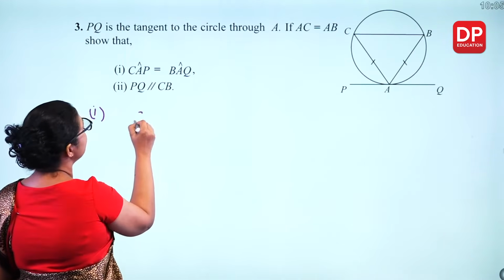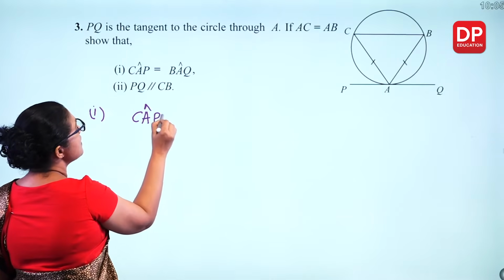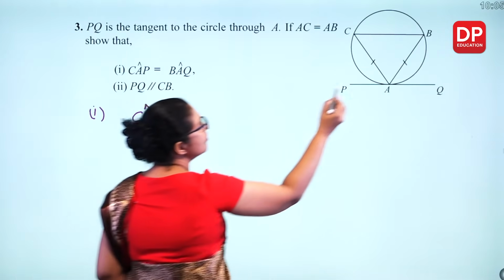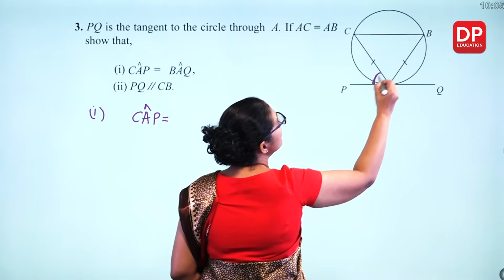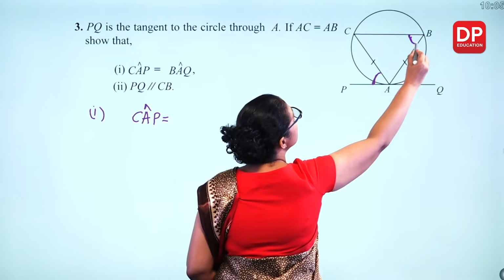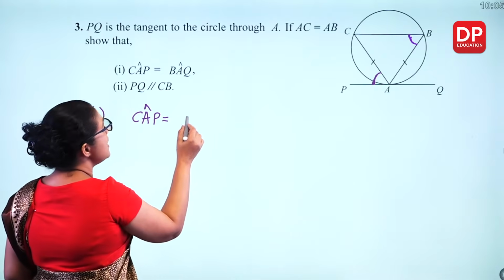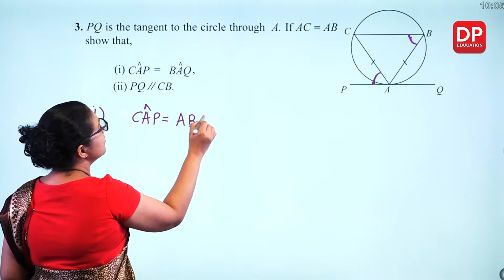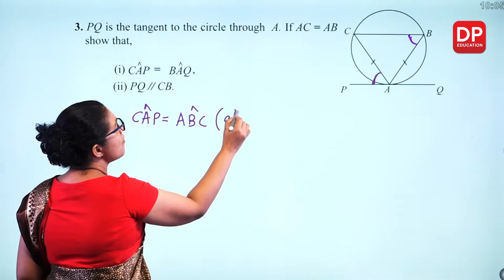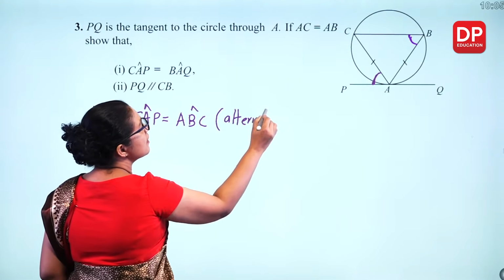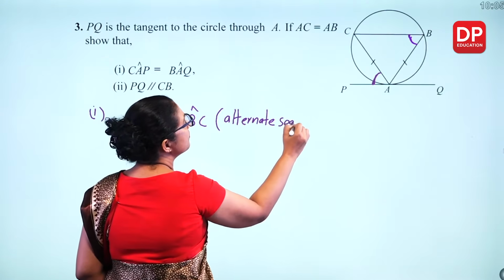CAP angle is equal to this angle, ABC angle, because of alternate segment theorem.